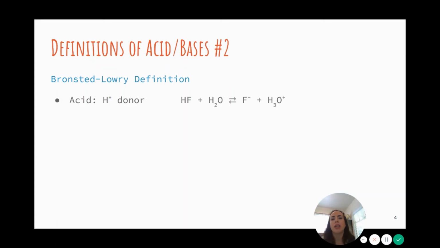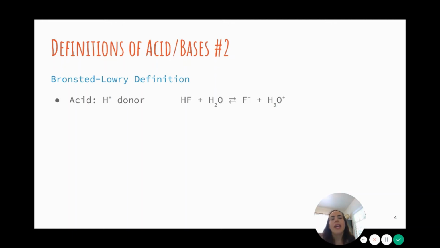It doesn't break apart into all fluoride ions and all hydrogen ions and all of that hydronium. It actually still has some of the hydrofluoric acid at equilibrium, or when it reacts. So it goes back and forth. There are some of all these substances when the reaction has stopped proceeding forward.